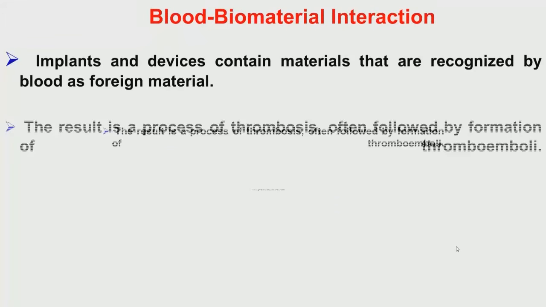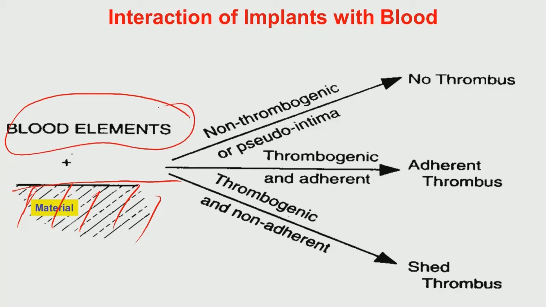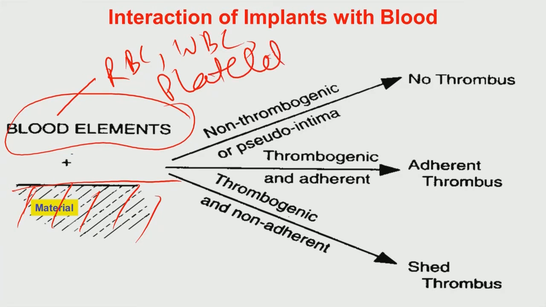What I will explain to you is that this is a biomaterial, and if this biomaterial is exposed to the different blood elements, like RBC, WBC, platelets and blood plasma, where plasma is the fluid in this blood, there are three kinds of scenario that you can immediately expect.